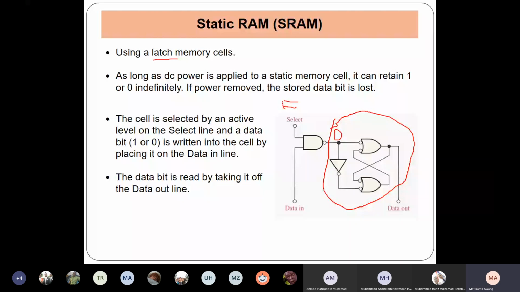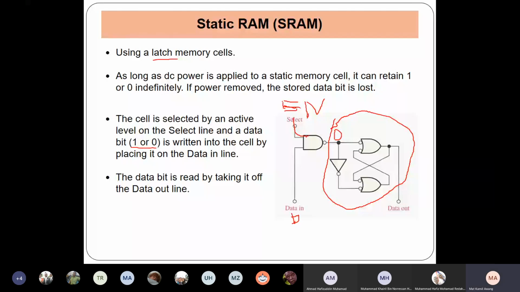This is the EN line, the enable line, which we call the select here, and a data line. This is the D, so it's either 1 or 0.